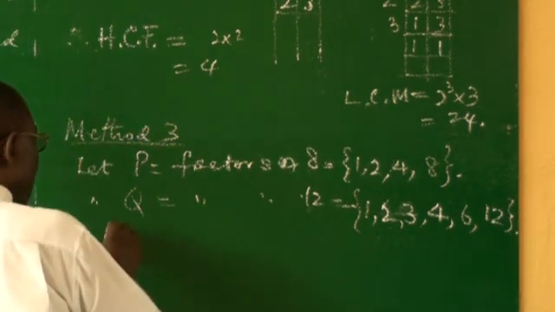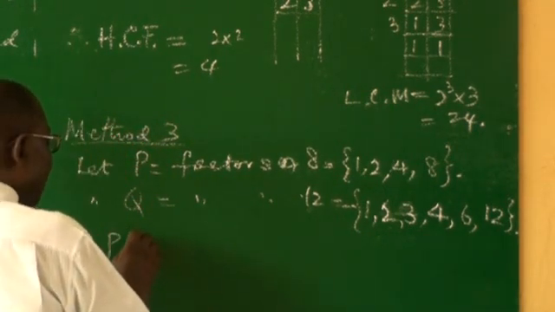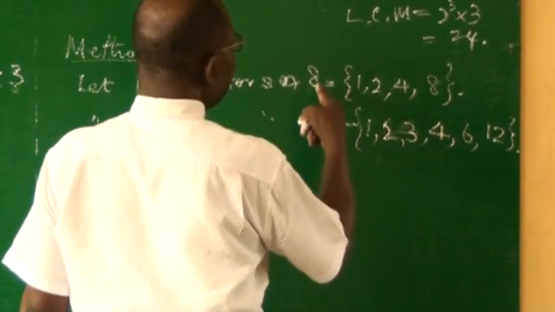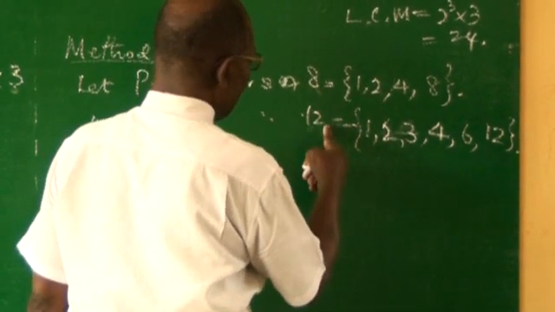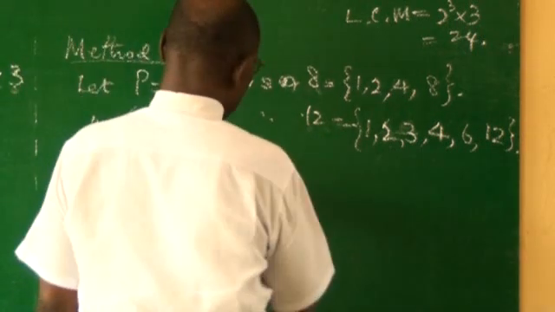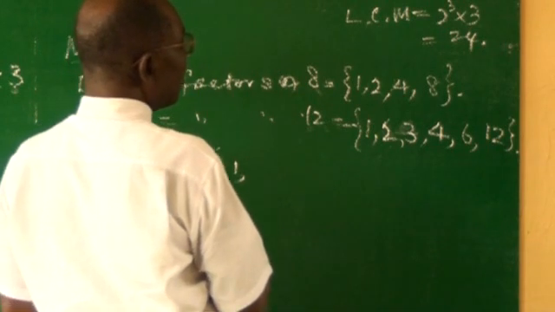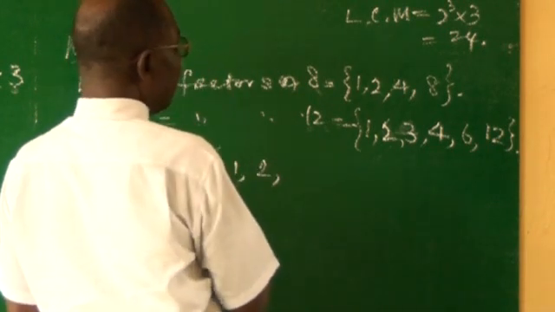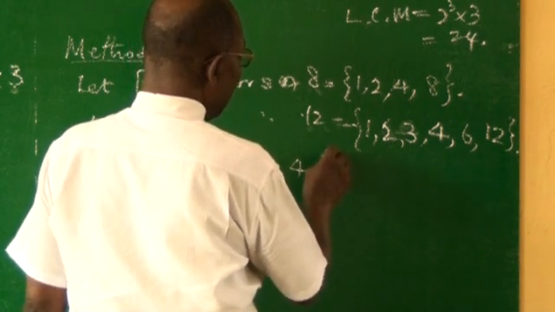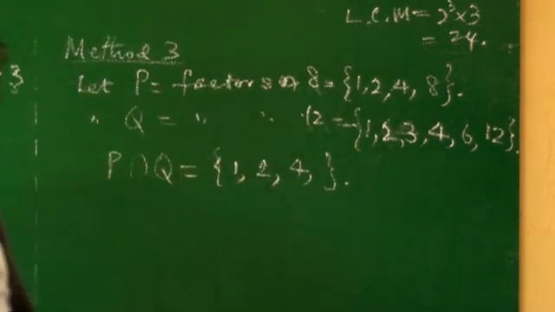Now, what are the elements which are common to both factors of 8 and factors of 12? 1 is one of them, 2 is another element that is common, 4 we have, that's all. Those are all the elements common to both.